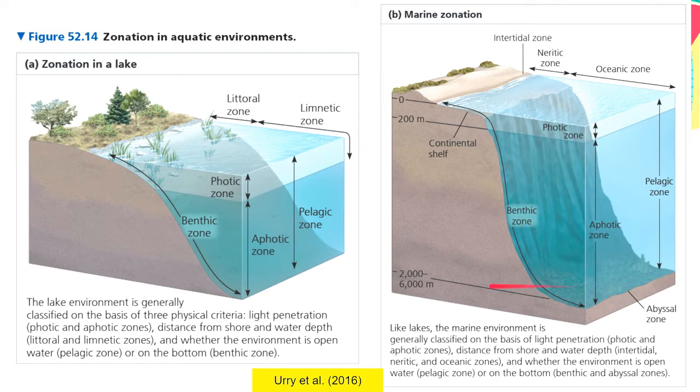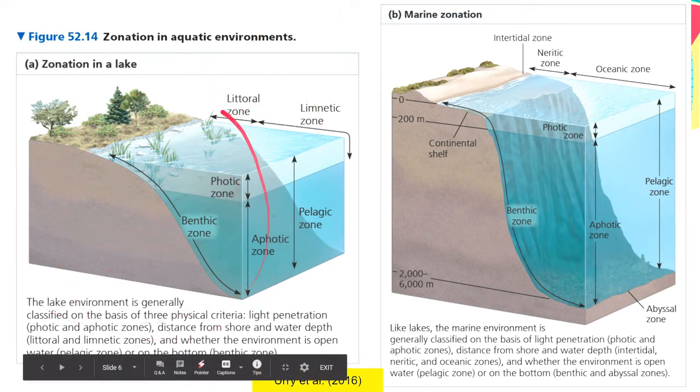So you see there are certain similarities between the zonation in a lake and in seas, in the marine ecosystem. One thing to note is that lakes are mostly freshwater, while seas and oceans are salt water.